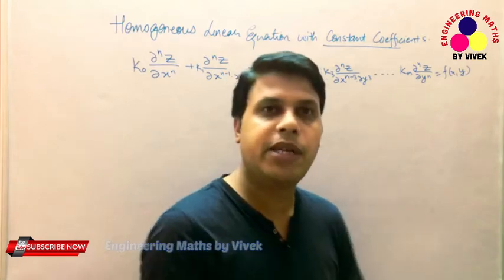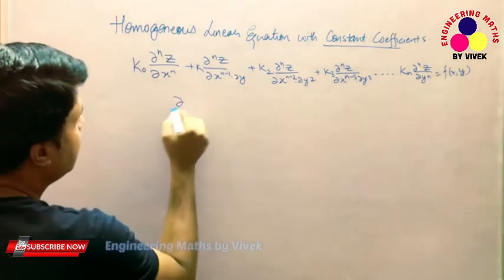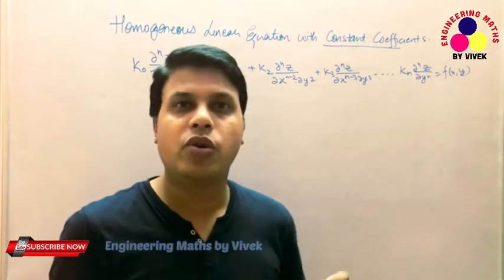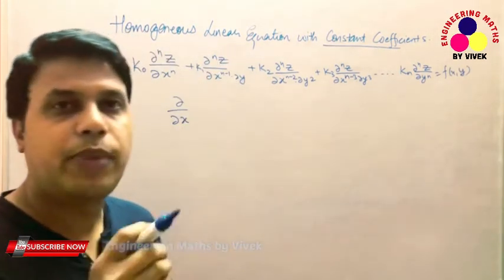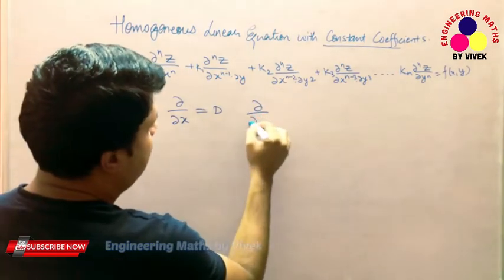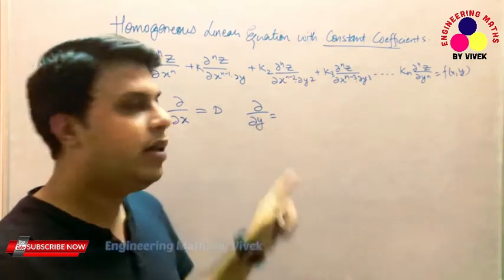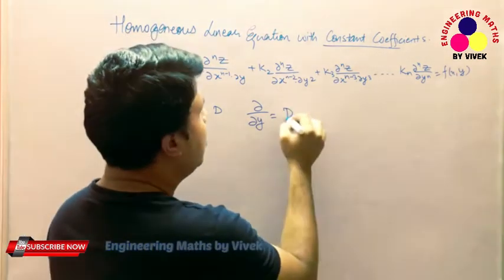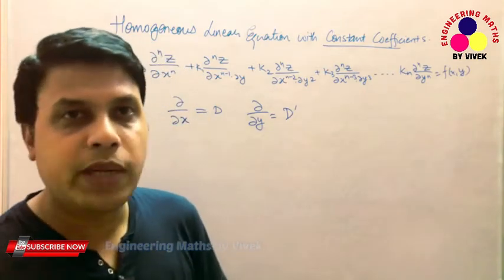What does it mean? Whenever we find del over del x, we are going to replace it by D. And whenever we find del over del y, we are going to replace it by D dash, or sometimes D prime. Hope it is clear.